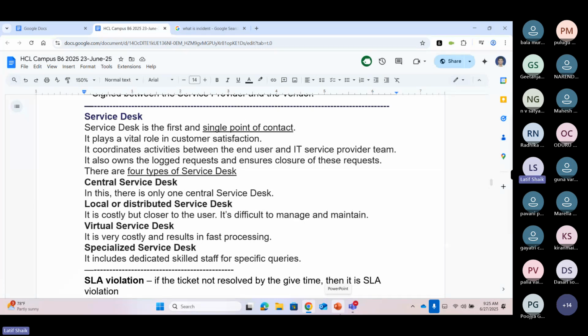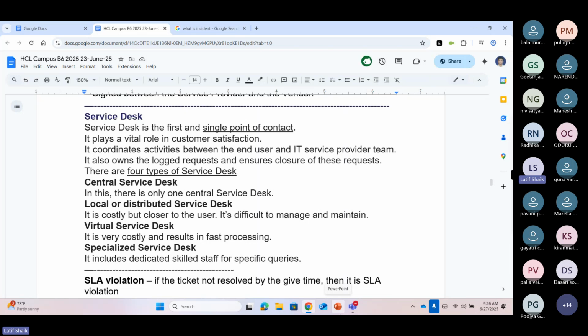Next is an example. An example will always help you give a proper answer, so the other person understands that you know it. For example, an incident is an unplanned interruption to IT services. Unplanned means there is no planning. All of a sudden, services stop working.